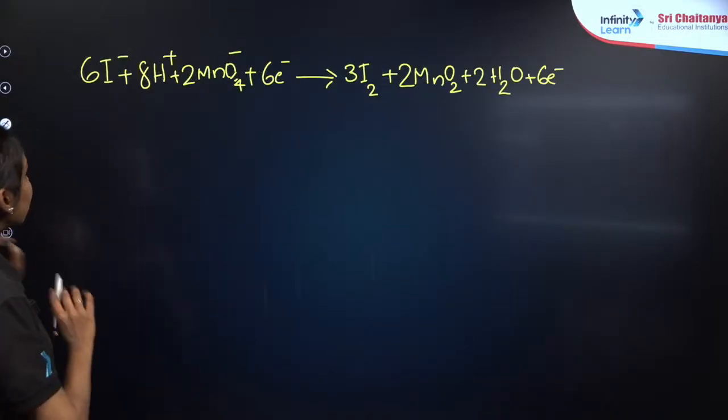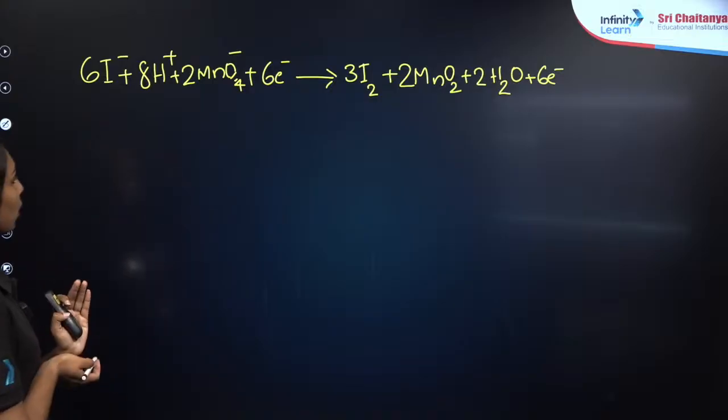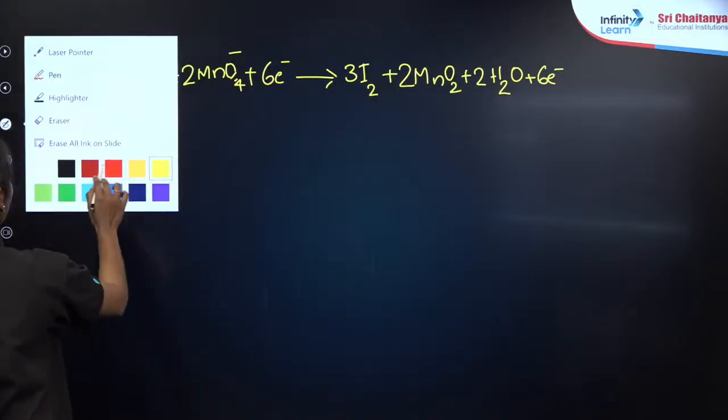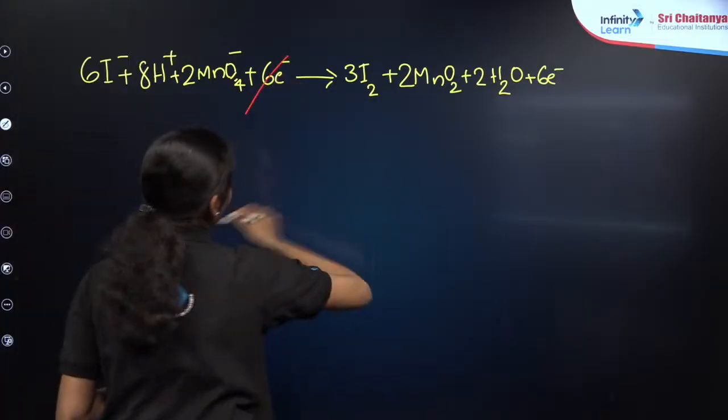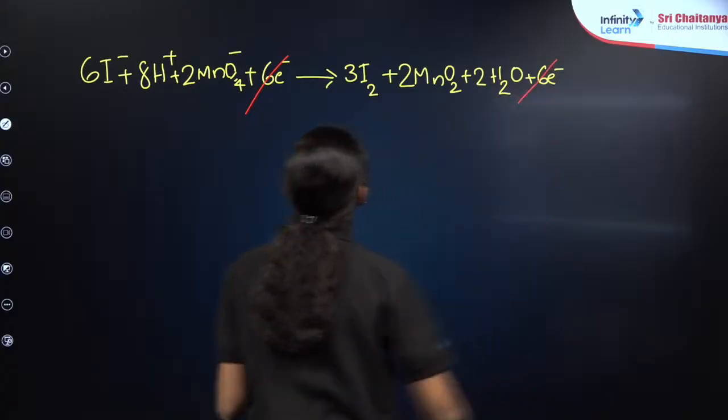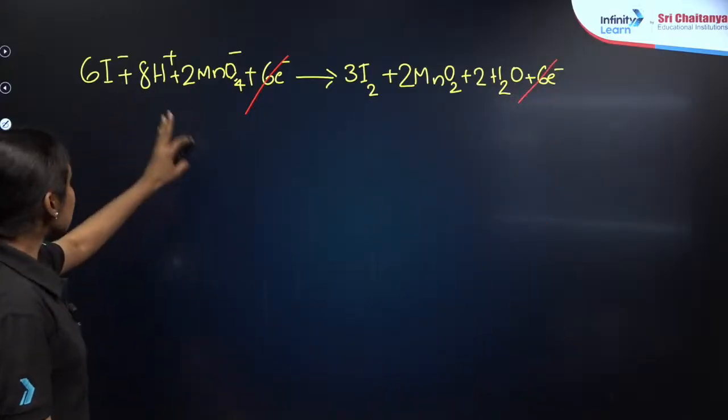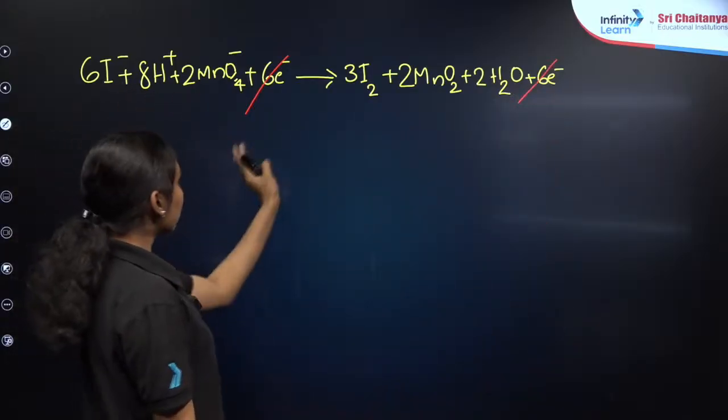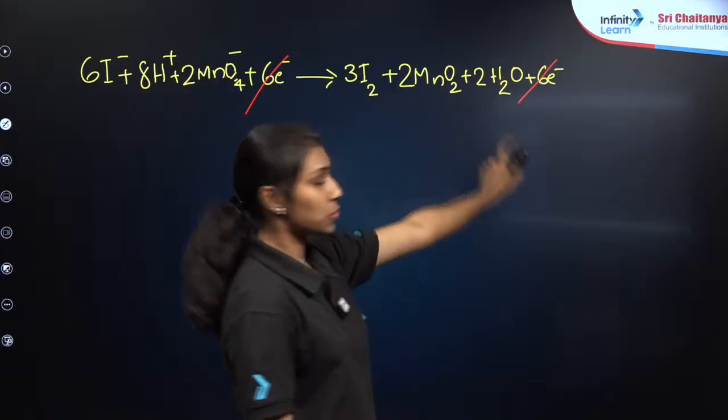Okay, this will be the final redox reaction here. As you can see, 6 electrons are common on both sides, right? So I am deleting the 6 electrons from both sides. Then it will become 6I minus plus 8H plus plus 2MnO4 minus gives 3I2 plus 2MnO2 plus 4H2O.